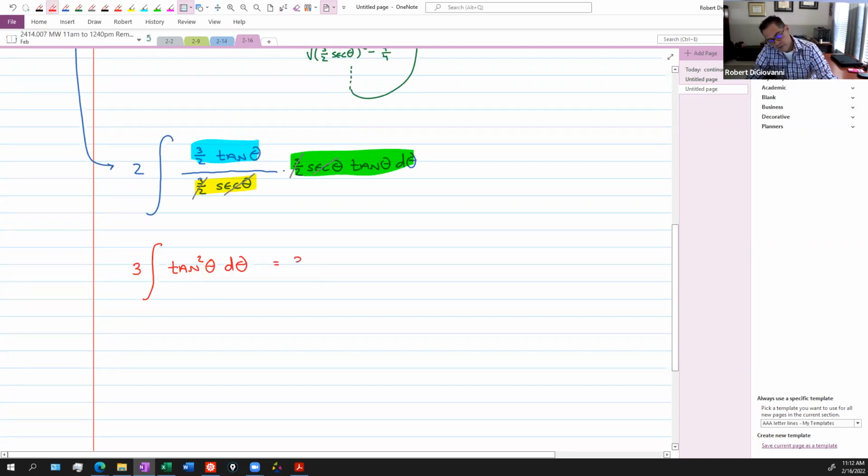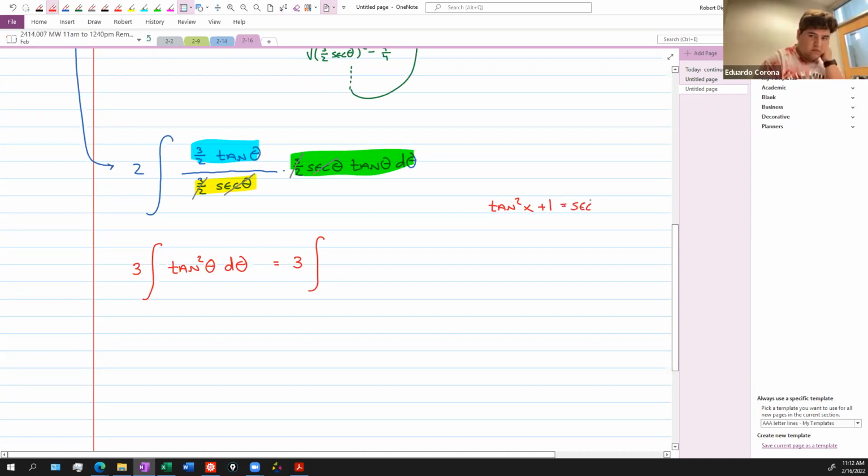How about this? Could we rewrite this? What is that Pythagorean identity? It was tan squared x plus 1 equals secant squared x, right? Wasn't that the identity? Yeah, and then tan squared x should equal secant squared x minus 1, right? So if I solve this for tan squared x, I get secant squared x minus 1.